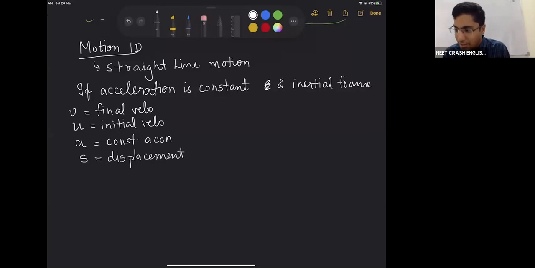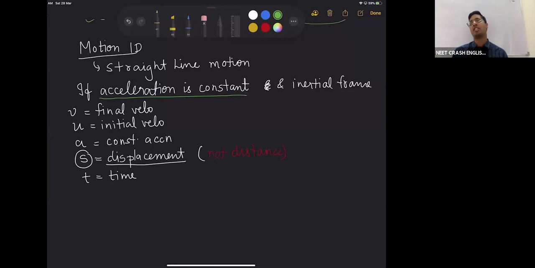Remember this, S is the displacement and not distance. That's a common mistake that people make. And T is obviously the time. Now, all of these are only valid when acceleration is constant. When acceleration is not constant, we cannot use the equations that I'm going to write.